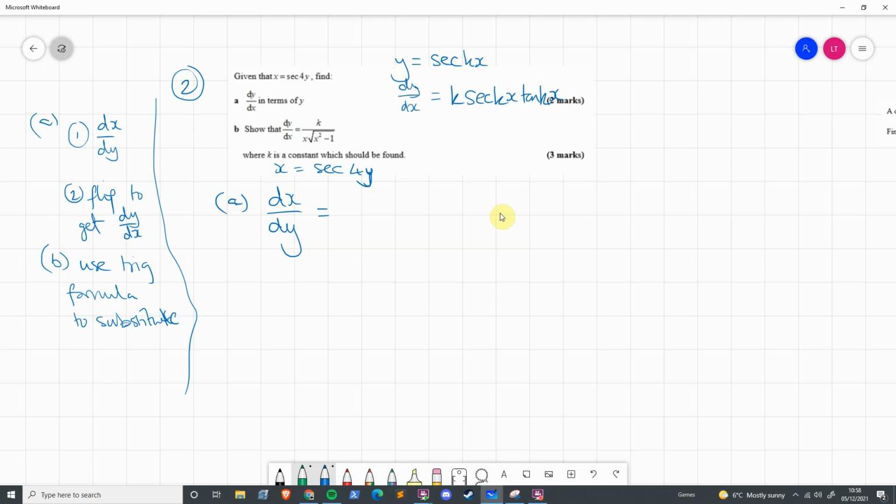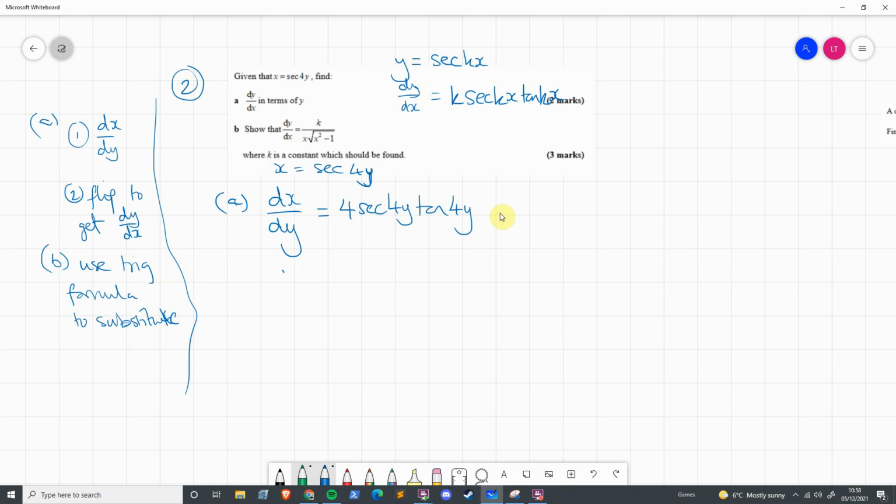The same applies here even if the x's and y's are flipped, they just give it you in that form. So it's going to be k is 4, so 4 sec 4y in this case, not 4x, and then tan 4y.